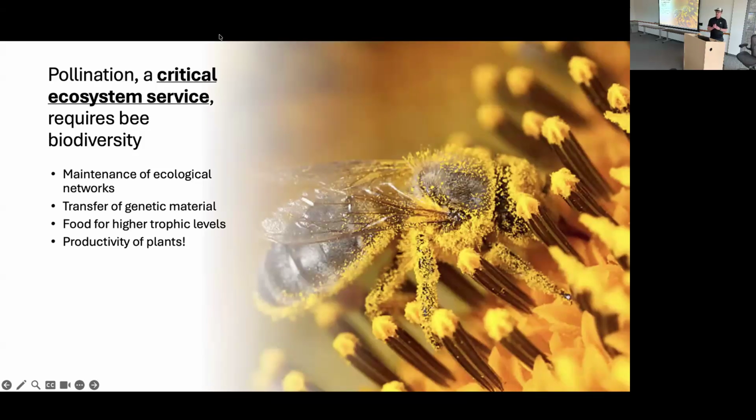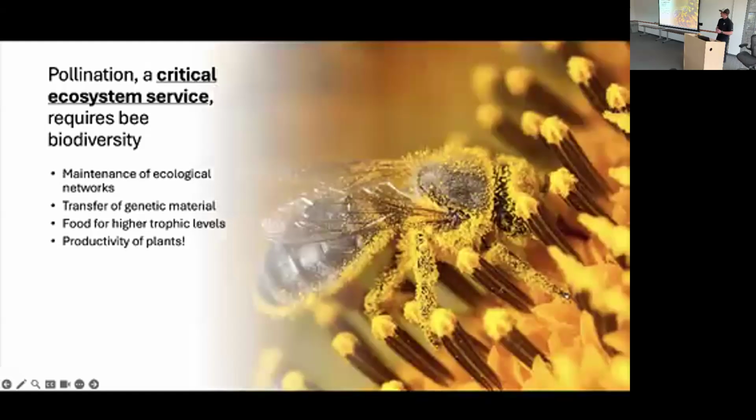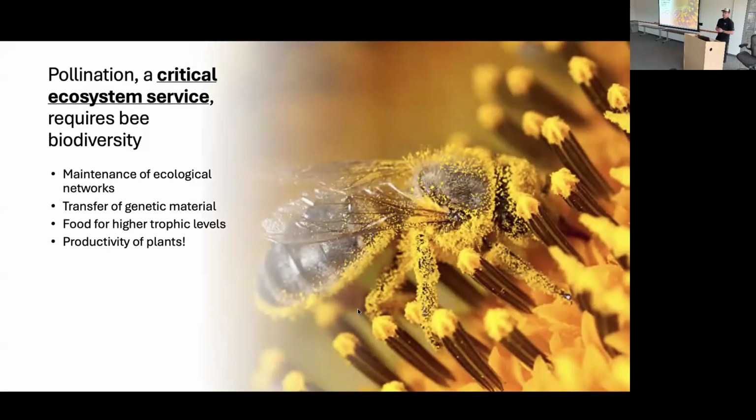They move around the genetic material of plants. They're food for higher trophic levels, and they fundamentally drive the productivity of plants that produce crops. Many of the crops that we eat rely on bees in order to be pollinated and be productive. So this is a critical concern. And bees, by the way, are flying insects, so they fall under this same purview, insects that are probably in decline.